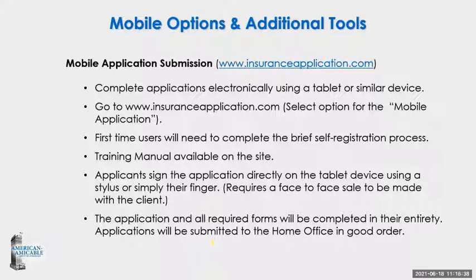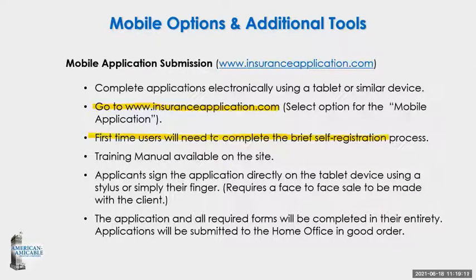Hold on one. Okay, and so what I'm going to do is go over how to do the e-app with you. Before you get started, you're going to want to go to www.insuranceapplication.com, select the option for mobile application, and the first time you use it, you're going to need to register.